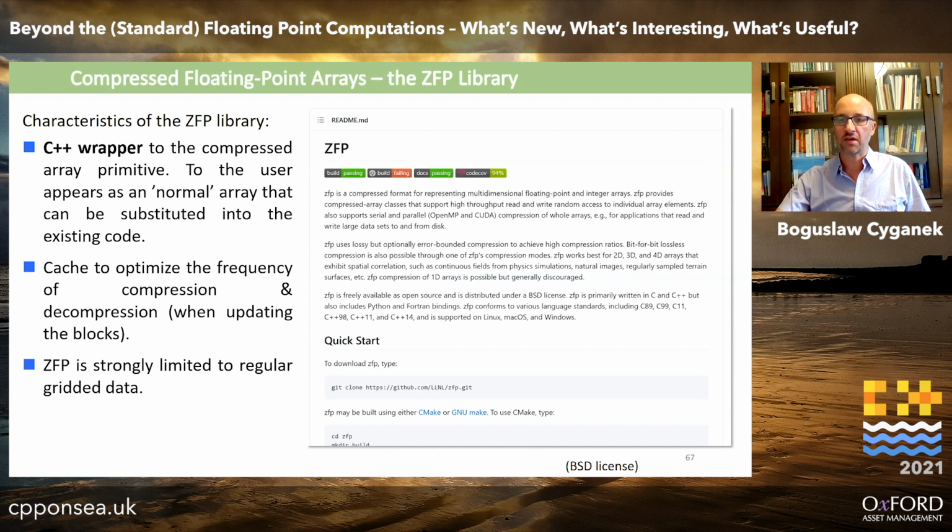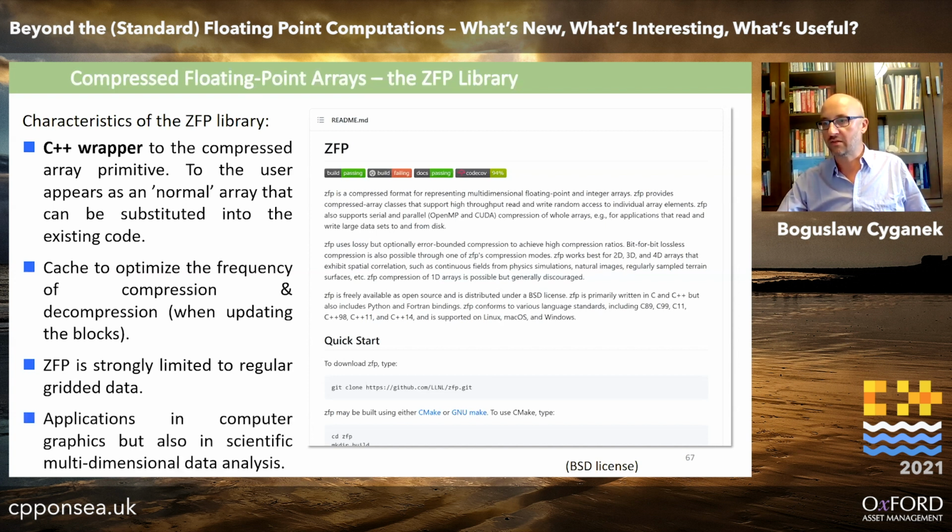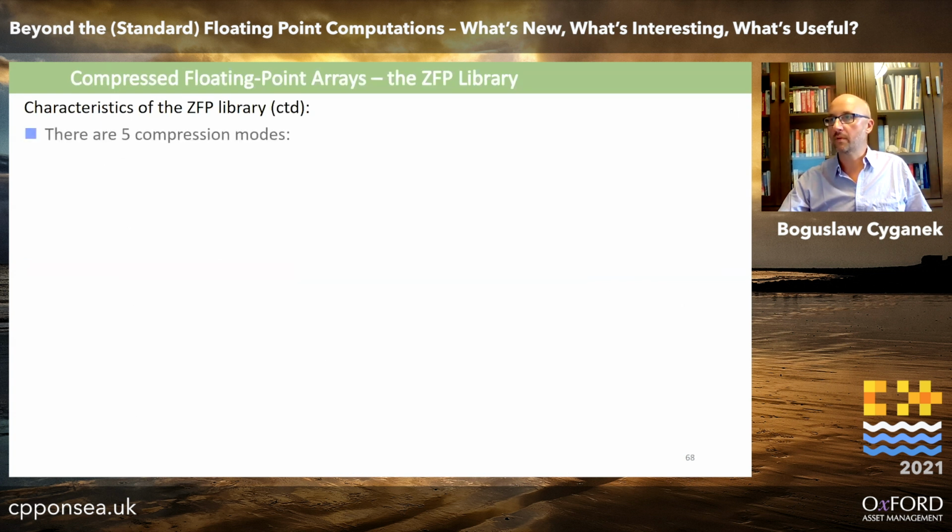Well, the thing is, also as I mentioned, the library is limited to regular gridded data. So we benefit if these local neighborhoods are really similar. So if we generate something irregular, then results can vary. Applications certainly in computer graphics, but also in scientific multidimensional data analysis, as I will show you shortly.